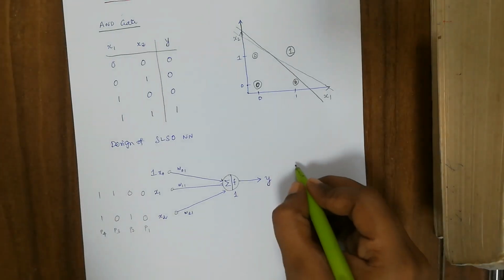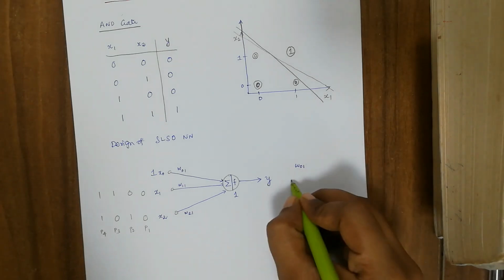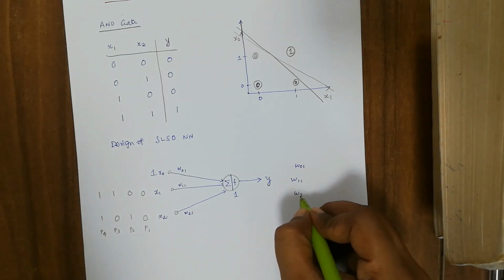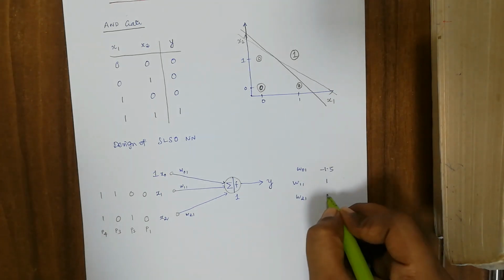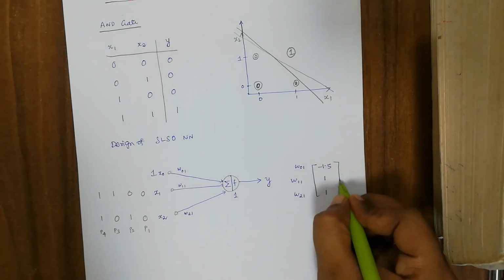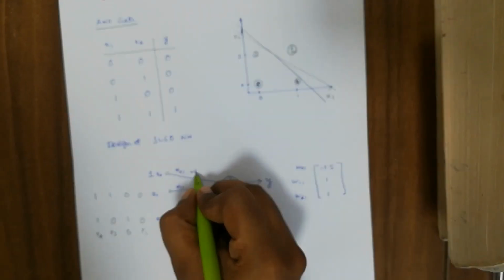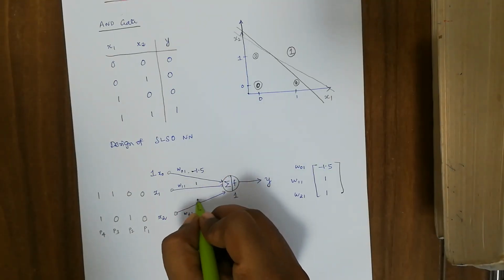Take w01, w11 and w21 as minus 1.5, 1 and 1. So it's a weight vector, which I represent as minus 1.5, 1, 1.